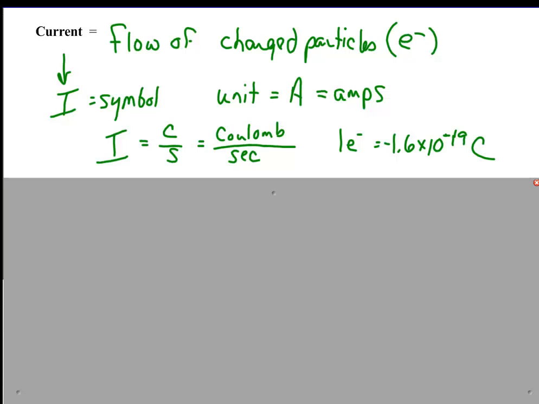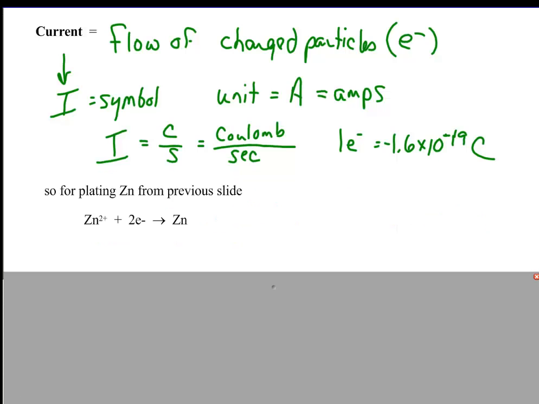So if I know how many electrons are transferred, I can figure out the charge transferred and ultimately figure out the current. So if I'm plating zinc from my electrolytic cell, then I need 2 electrons for every 1 zinc. So if I'm plating out a mole of zinc, I need 2 moles of electrons.